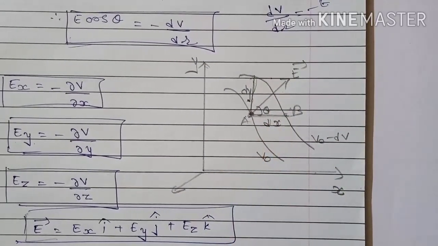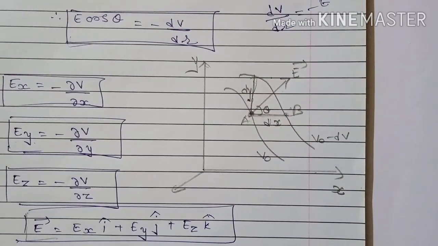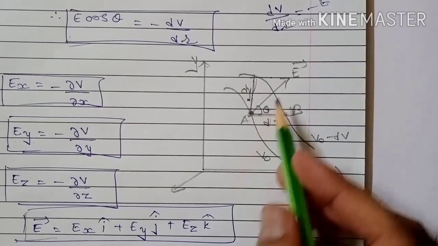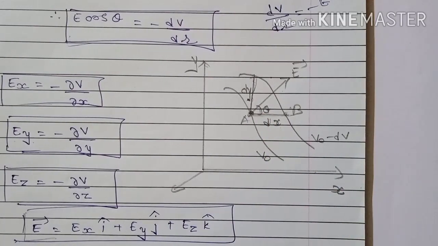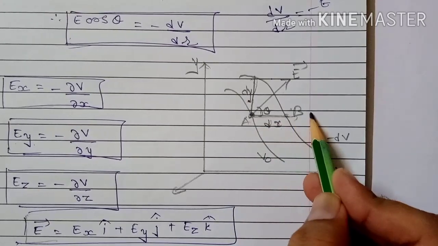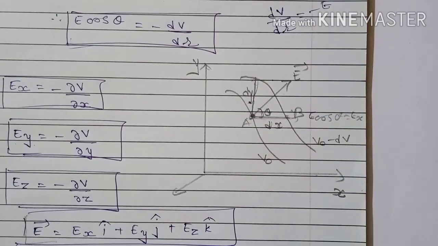So displacement I am considering is dx, from A to B. So displacement is now in x direction. Angle between displacement and electric field is theta. Now we can write the component of electric field in x direction, that is E cos theta. So E cos theta is nothing but the x component of electric field.